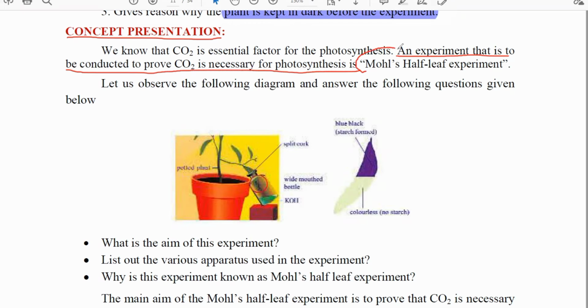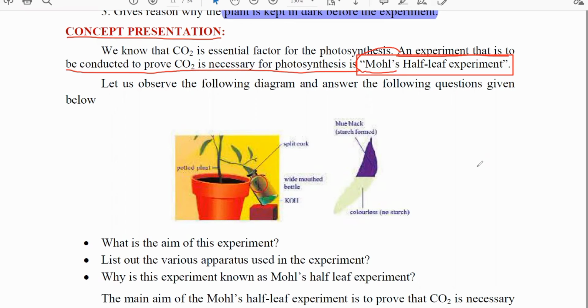Moll is a scientist. He conducted this experiment and proved that CO2 is essential for photosynthesis.